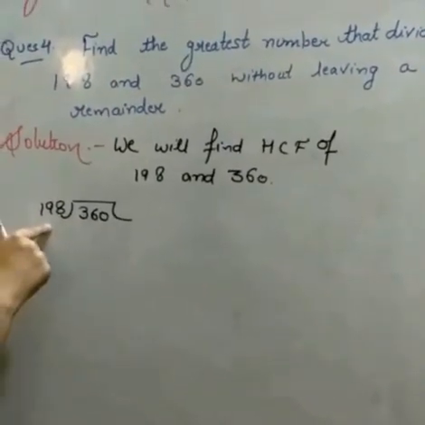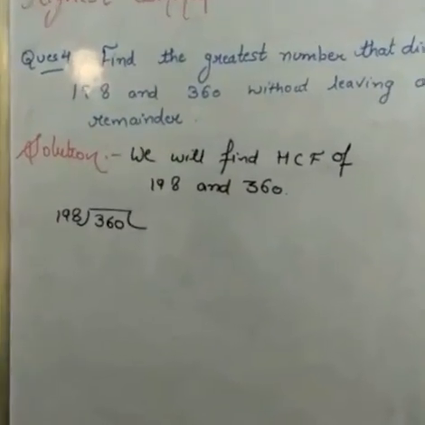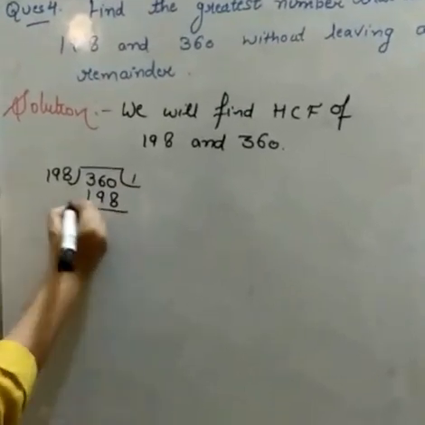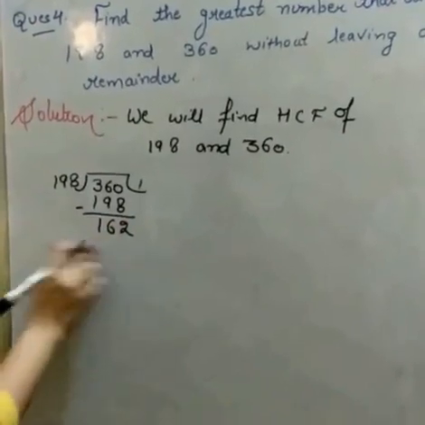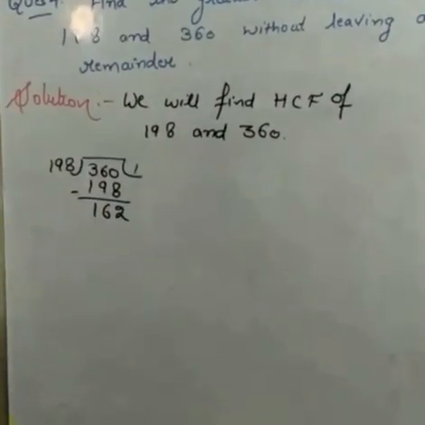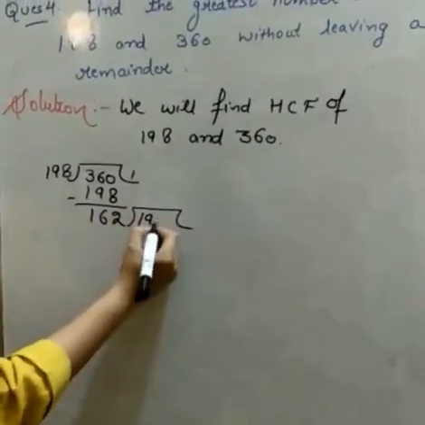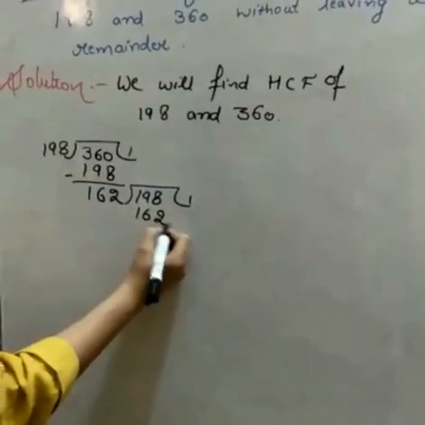So 198 will be divisor and 360 will be dividend. Now 198 ones are 198. On subtracting it we will get 162. So 162 is a remainder, but now it will be divisor and 198 will be new dividend. Again ones are 162.